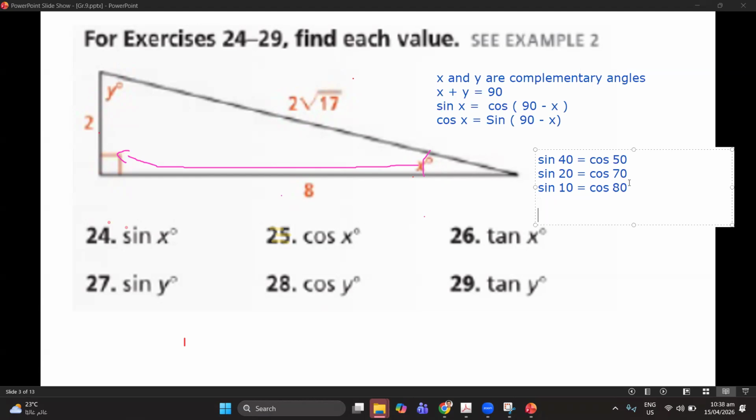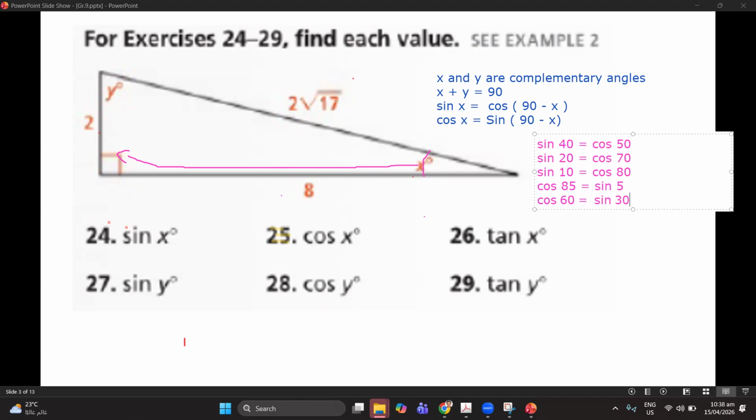And the same for the other one. Cosine of 85 is the same as sine of what? 5. Excellent. Cosine of 60 is the same as sine of 30. Is it clear?